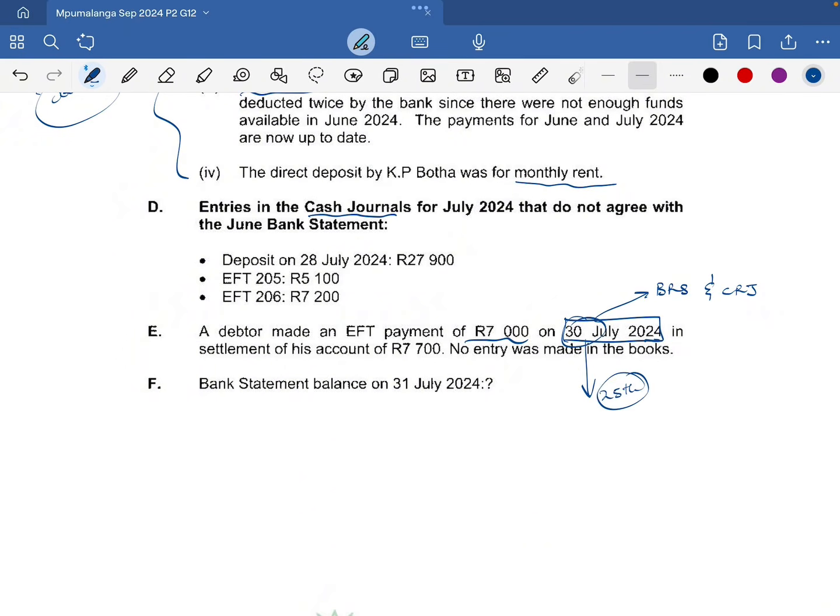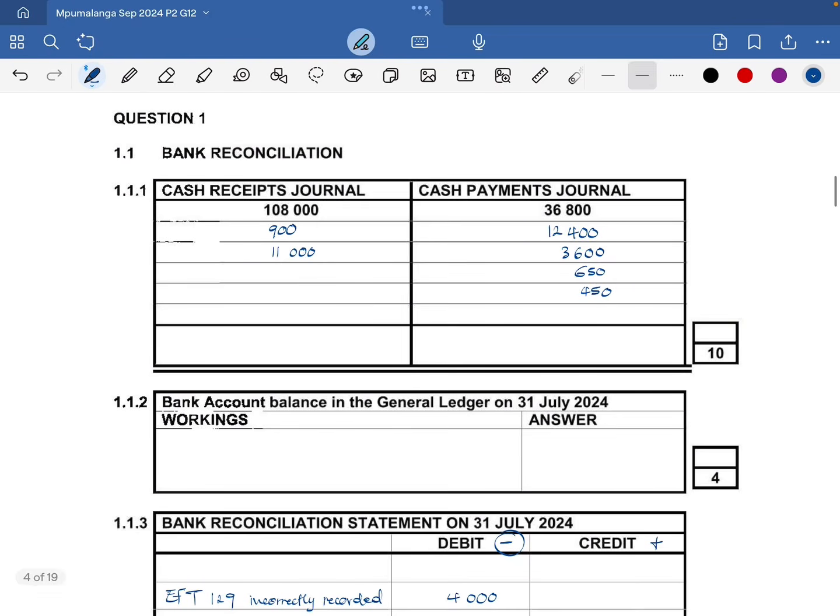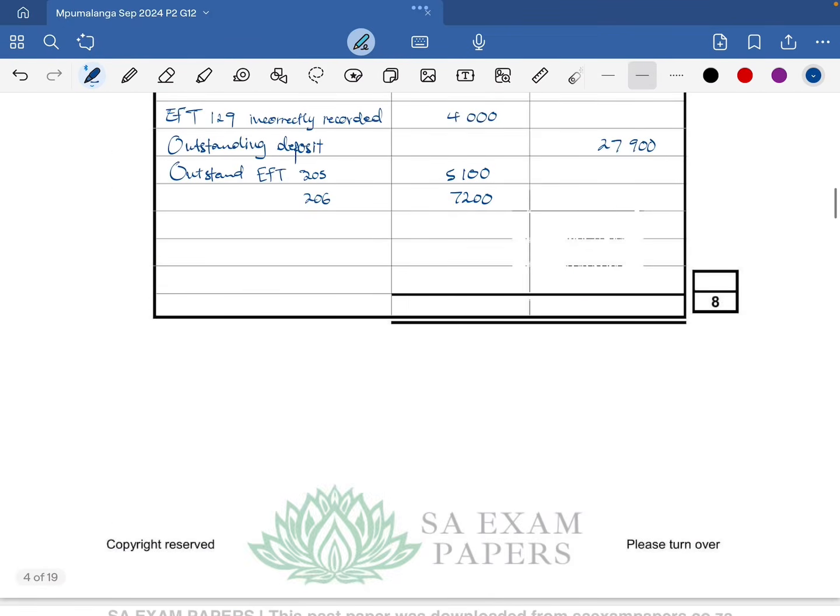So the bank statement only shows transactions until the 25th of July. So we're going to take the 7,000, add it onto our CRJ, and then we are also going to add the 7,000 on our credit side. And then now this was payment from the debtor. Okay, so that's our payment from the debtor.